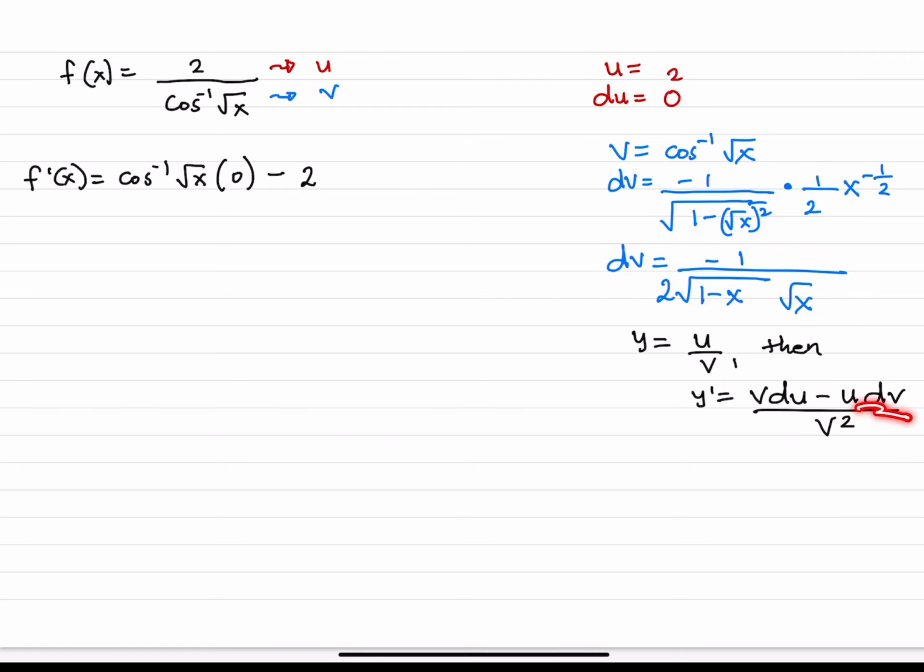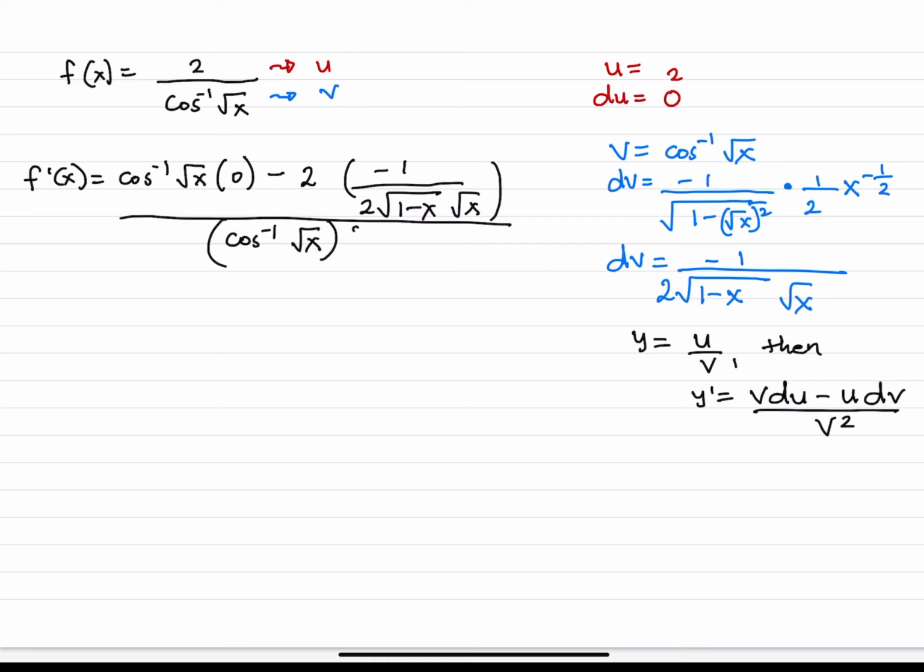And what about dv? It's this one. So 2 times negative 1 all over 2 square root of 1 minus x square root of x, all over the square of the denominator. Do not forget that. Arc cosine of the square root of x raised to the second power.